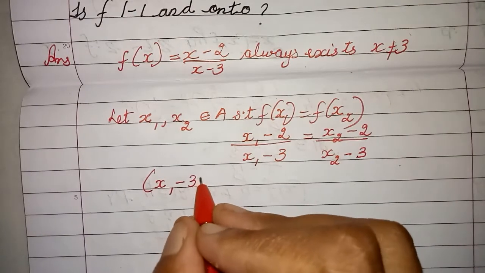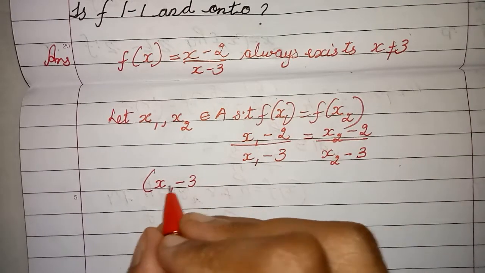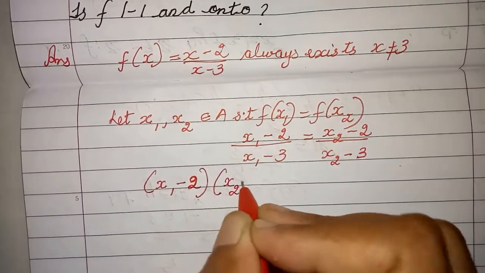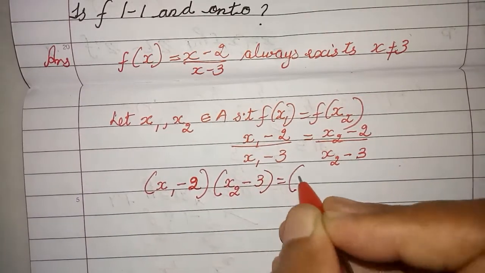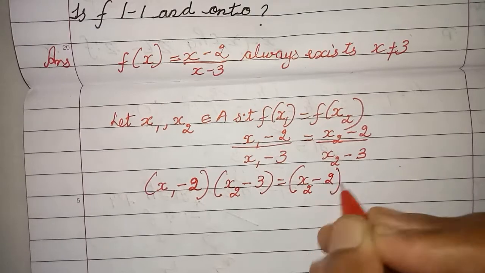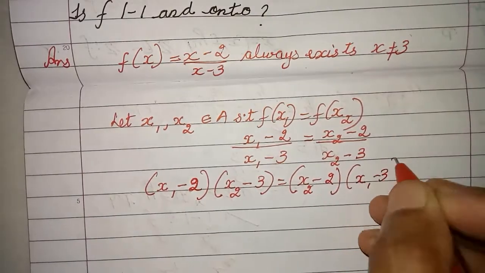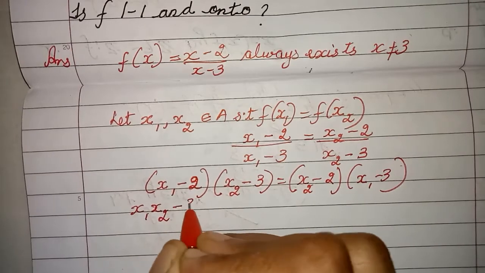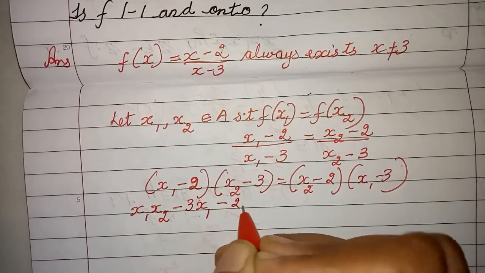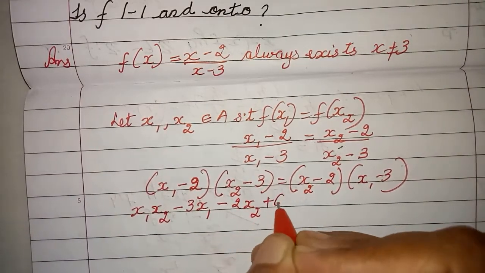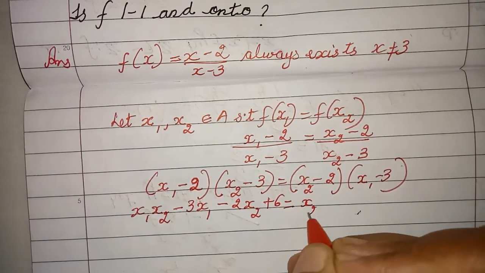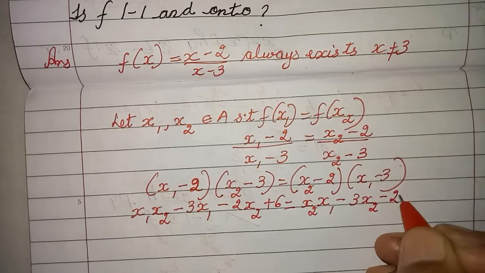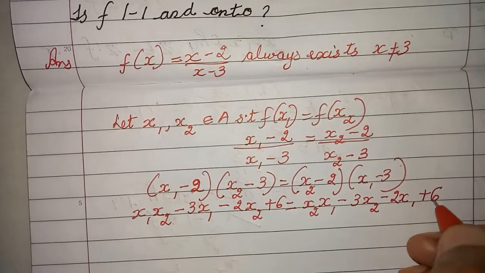So (x1 minus 2)(x2 minus 3) is equal to (x2 minus 2)(x1 minus 3). Now open it. So x1x2 minus 3x1 minus 2x2 plus 6 is equal to x2x1 minus 3x2 minus 2x1 plus 6.